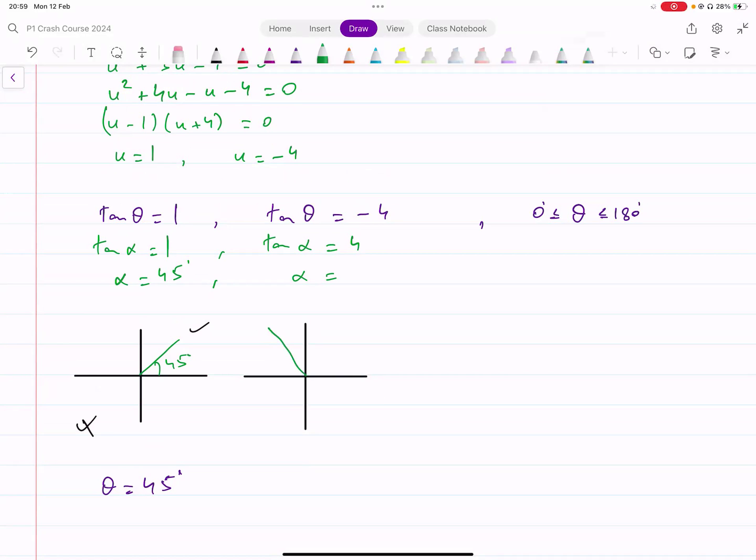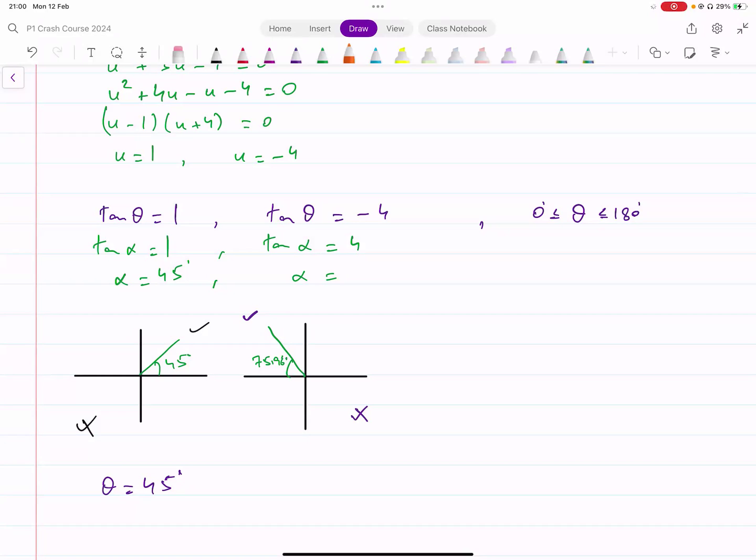Basic angle from the second equation, what's that? 75.963. 75.96. Thank you. That's the basic angle. Now, since tan is negative here, we could be in the second quadrant or in the fourth quadrant. But again, fourth quadrant is not in the interval, so we have to ignore that.